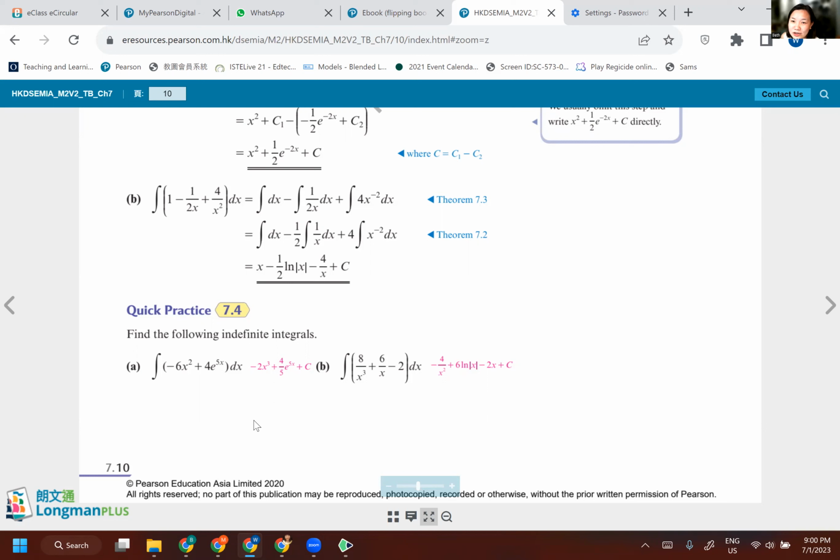Now with this integration, it's not about the speed. It's about the accuracy. It's not easy to get it correctly.